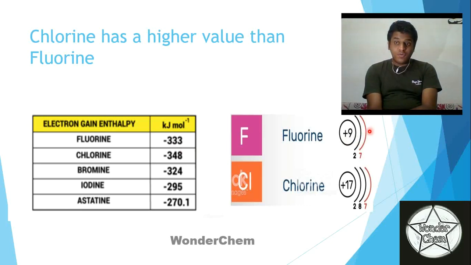So there is a smaller size and a charge to be possessed. Smaller size and bigger charge makes the molecule slightly unstable. When I say unstable, that means the amount of energy lost will be slightly lesser compared to chlorine. So that is why fluorine has a lesser electron gain enthalpy compared to that of chlorine.